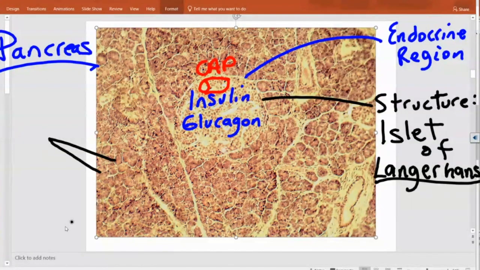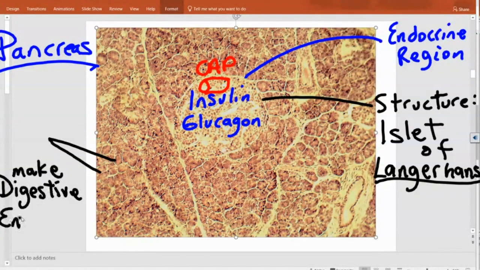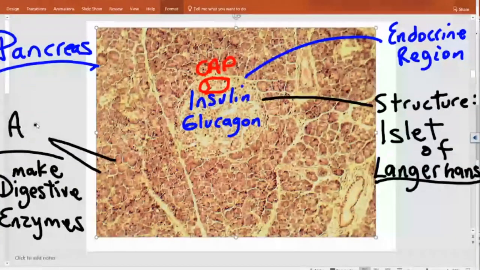What these cells do is they make digestive enzymes. And so they call this region the pancreatic acini. They're acinar cells, or the acinar region, or just the acini.